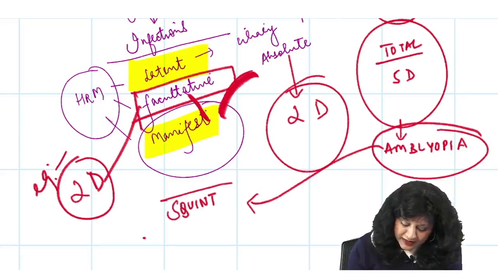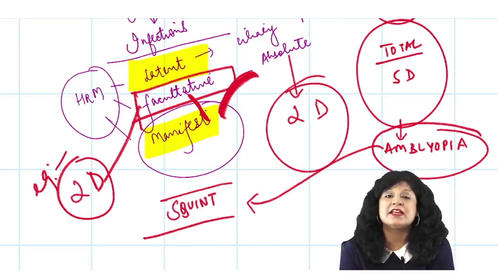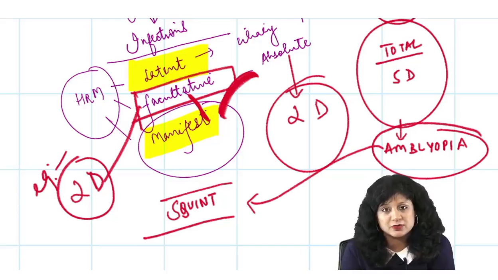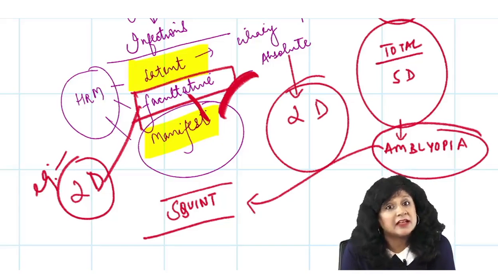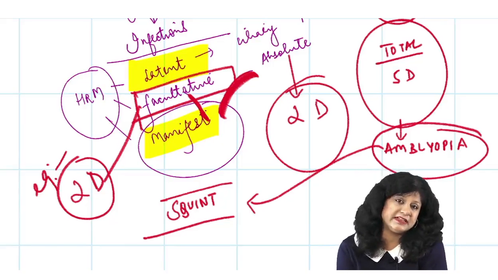So it is very, very important that hypermetropia should always be fully corrected. So that was the extra information you need to know about lid infections and hypermetropia, how to treat and work up the patient, especially children who are coming with lid infections.